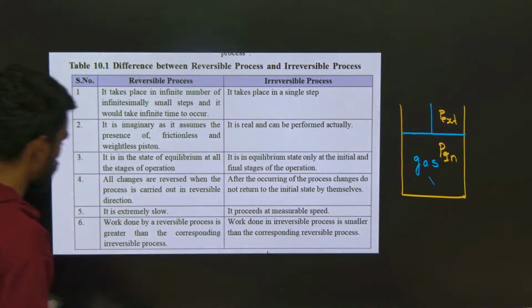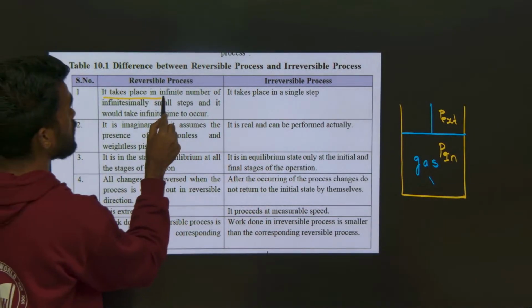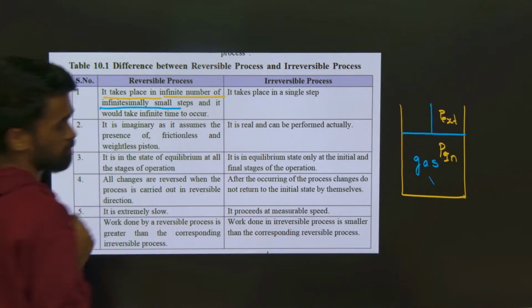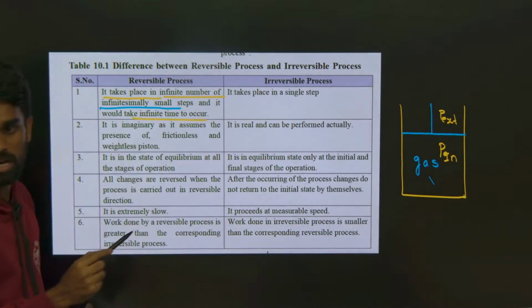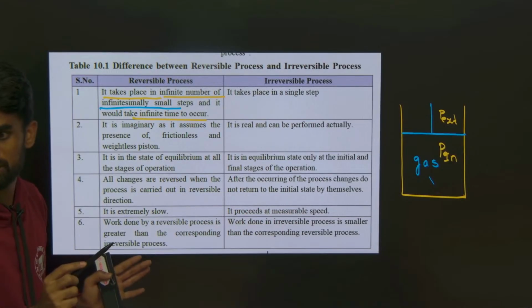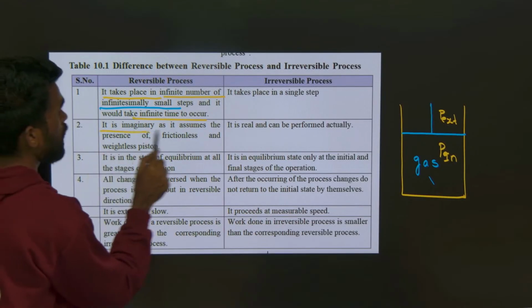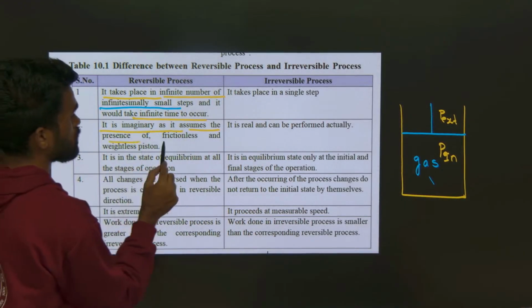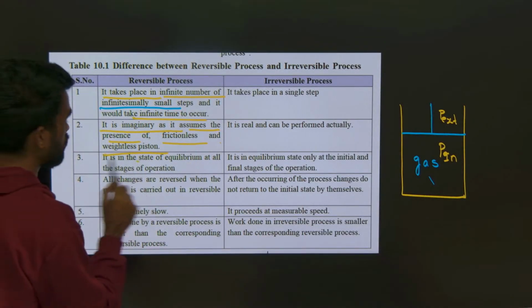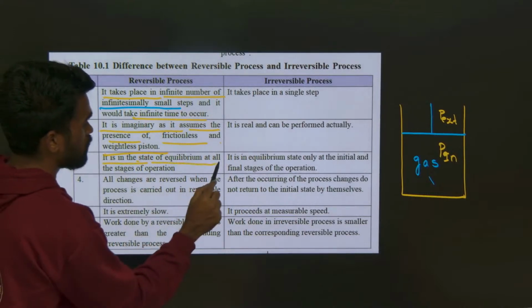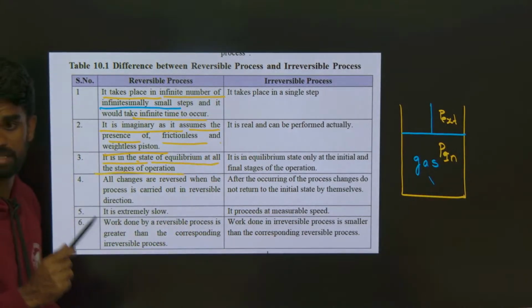Okay, so now look here, it takes place in an infinite number of small steps. And it would take infinite time to occur. Okay, it is a very slow process. Next, it is imaginary and it is assumed in the presence of a frictionless, weightless piston. Now it is in the state of equilibrium at all the stages of operation. Yes or no?